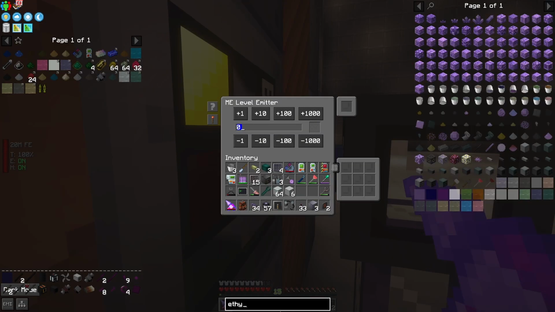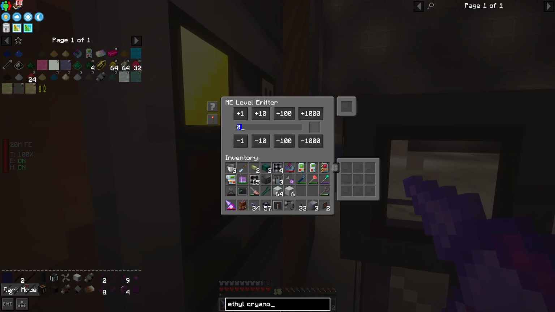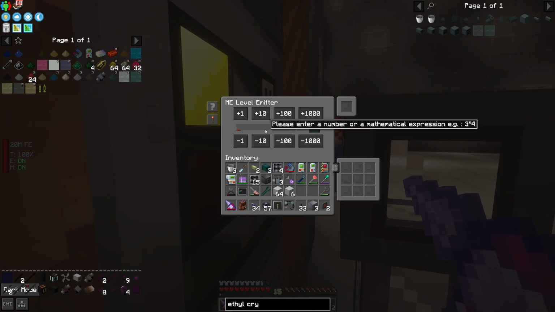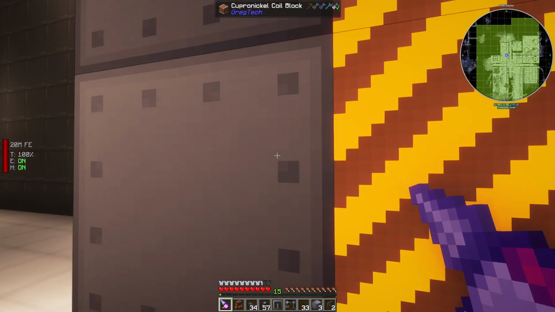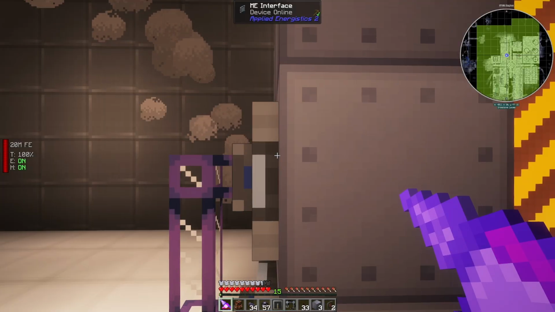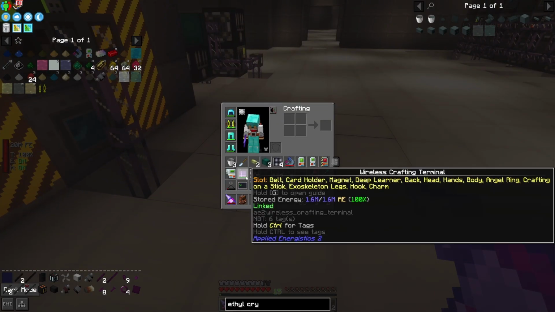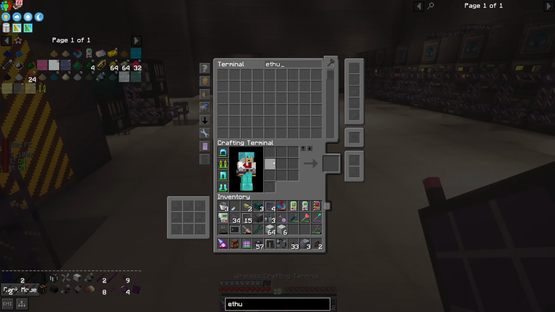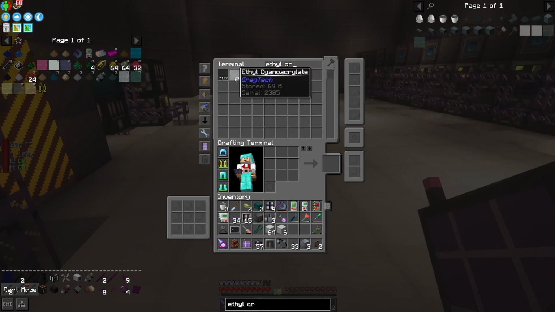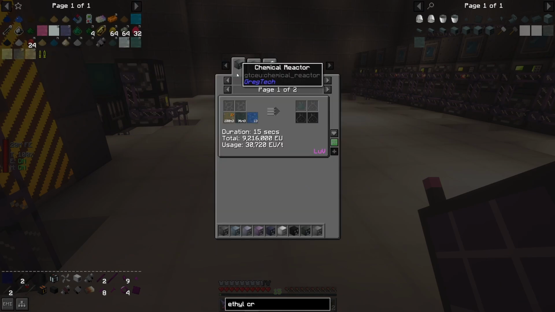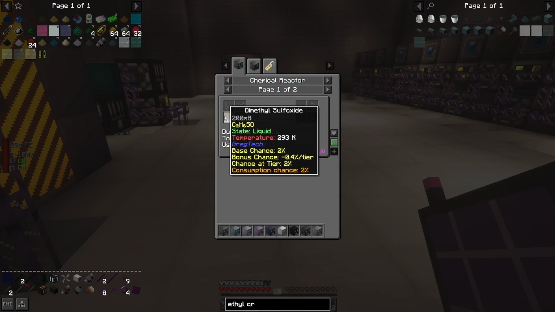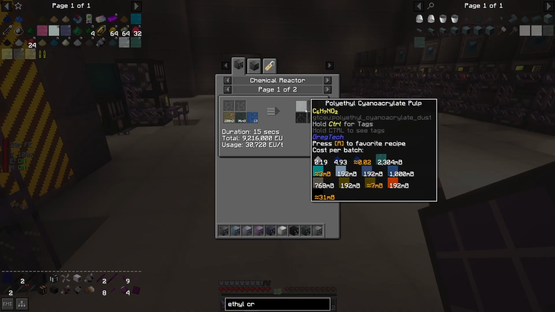So, ethyl cyano... Yeah, there we go. Acrylate. Damn it. There we go. Okey-dokey. So we have ethyl cyanoacrylate. Yay! All right, now we just gotta mix that all together to get the pulp.